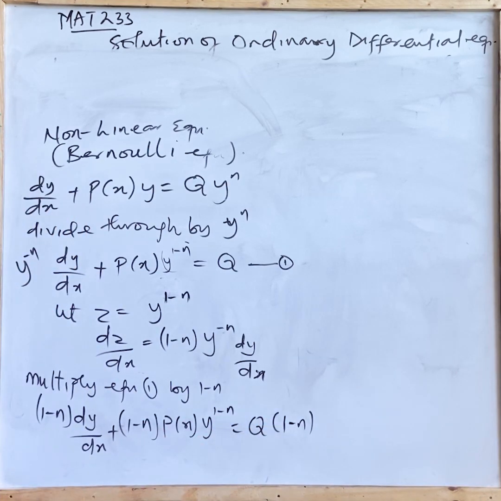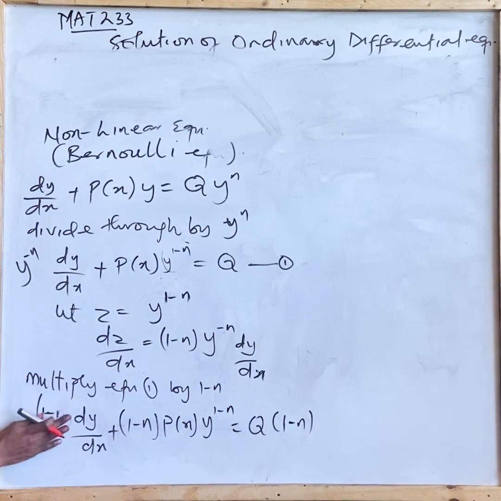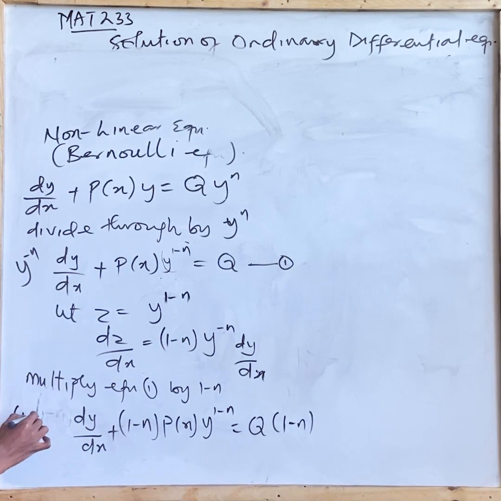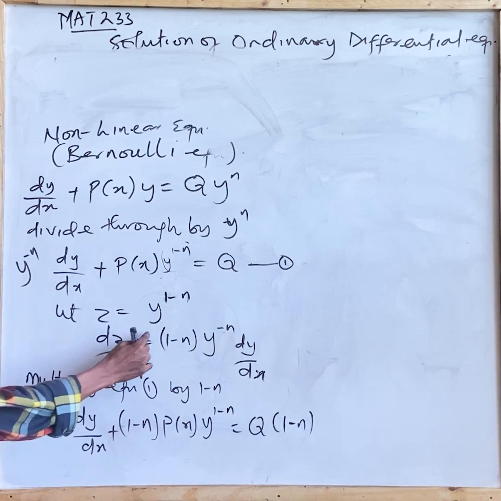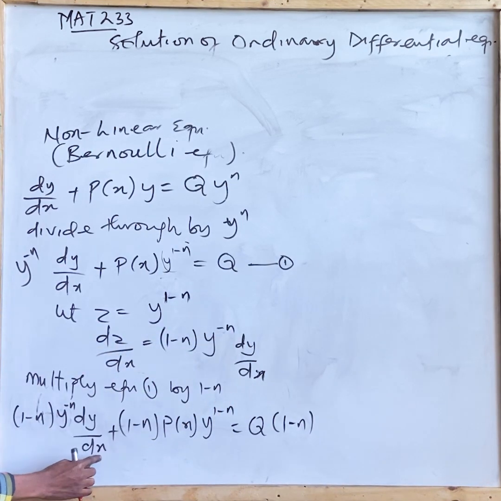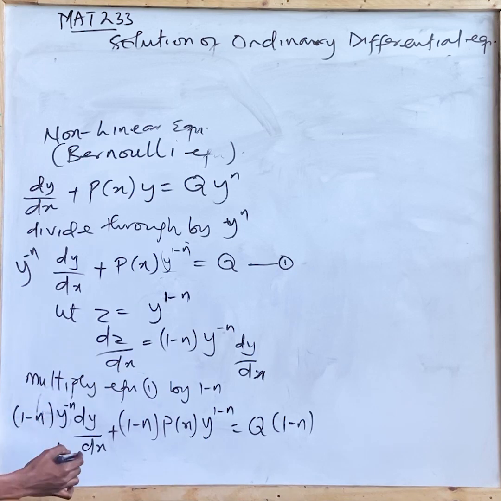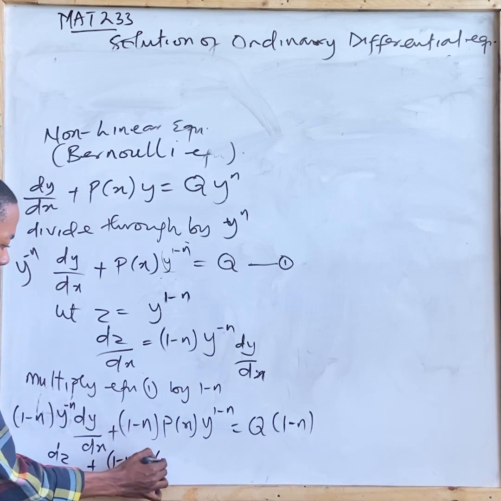So now from here, 1 minus n times y to the minus n dy/dx is this, so I'll just change this part to dz/dx. So everything here is now dz/dx plus 1 minus n times p of x.